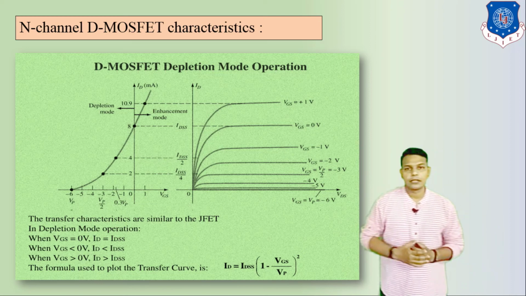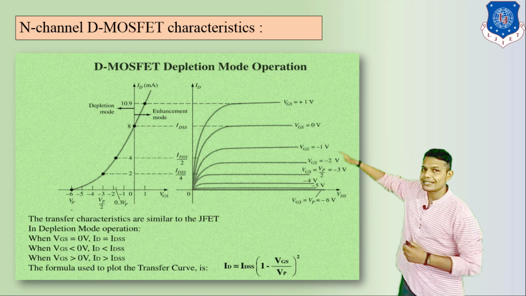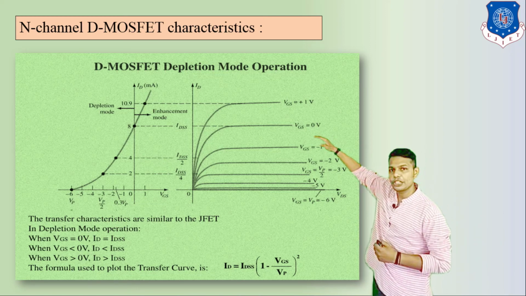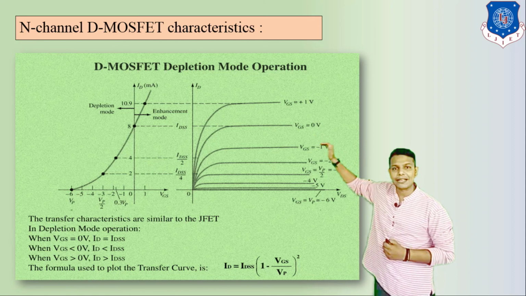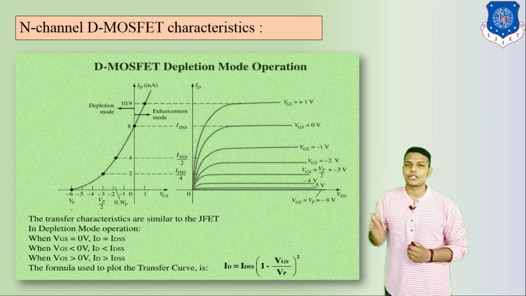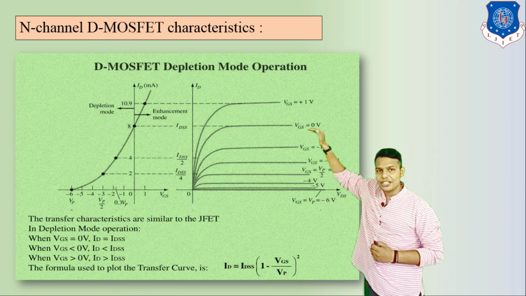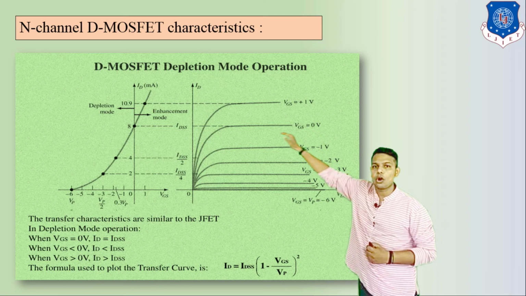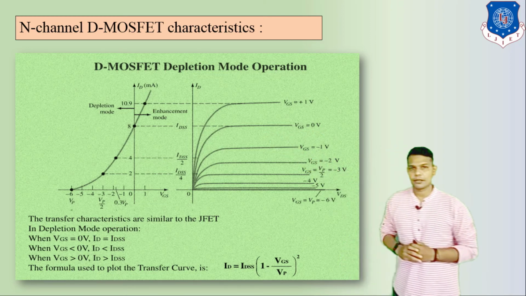First, case number 1, we apply VGS equal to 0. At this time your drain current is maximum, which is known as IDSS, the drain to source saturation current. So due to VGS equal to 0, you can plot the drain current in the transfer characteristics.